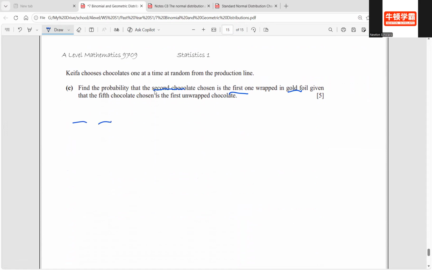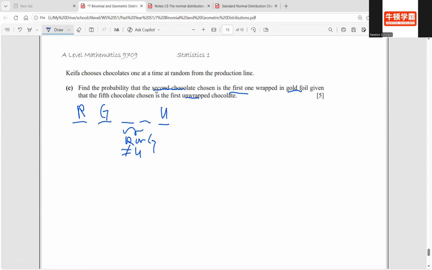So second, I put G for gold, given that the fifth, 1, 2, 3, 4, 5, is unwrapped, U. Because I only have 3 types of chocolate, here must be R, or here can be R or G, but cannot be U. I can say that the probability is 0.55, because the probability for U is 0.45.